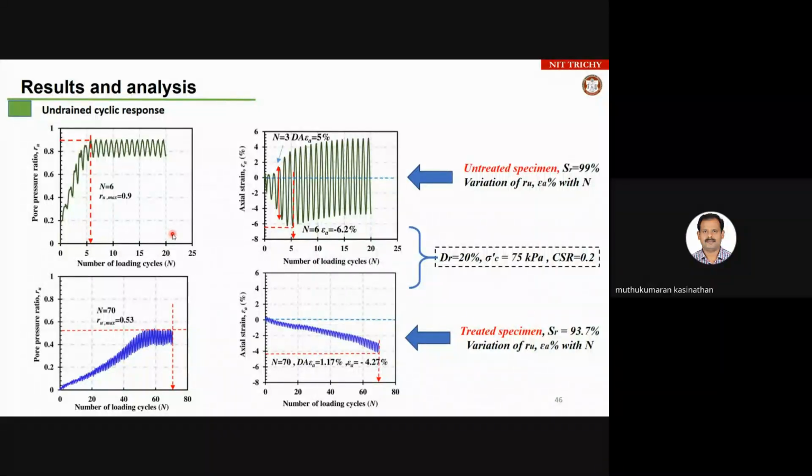This has been input in the cyclic triaxial apparatus, and we measured the failure mechanism. Look here: the pore pressure ratio, Ru, reaches almost 0.9 after 6 cycles. That means 20% relative density soil under fully saturated condition is prone to liquefy, even with a small number of cycles.